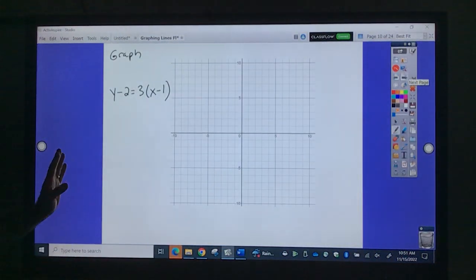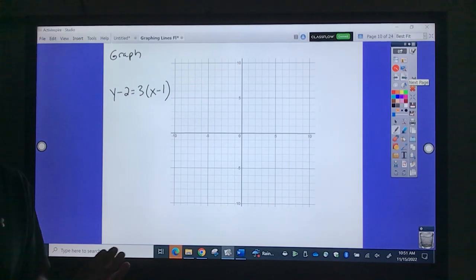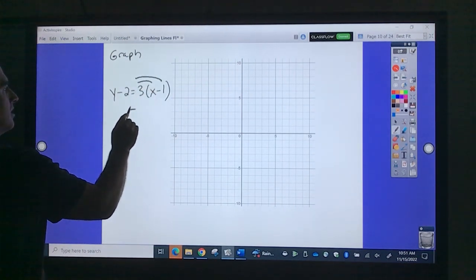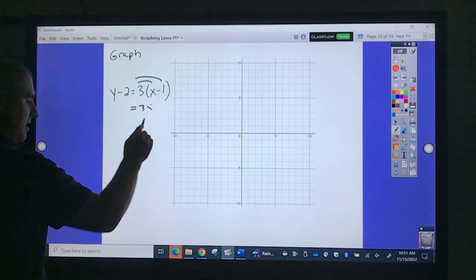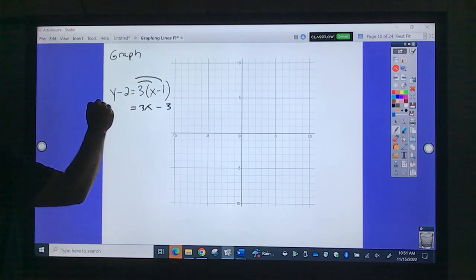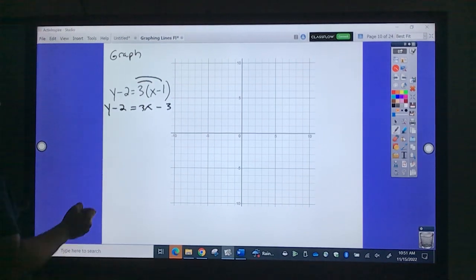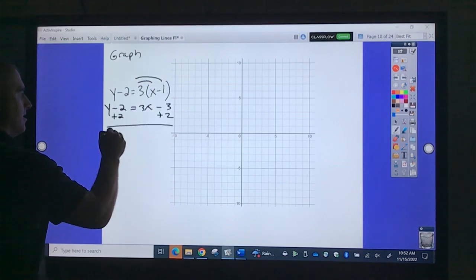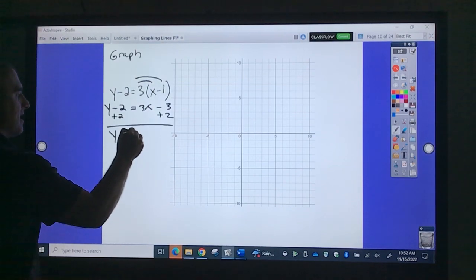All right. Now, for these ones, we can't quite graph them yet. What we have to do is distribute. So 3 times x is 3x. 3 times -1 is -3. Y minus 2. Now what I want to do is add this 2 over to this side. So I got y equals 3x.